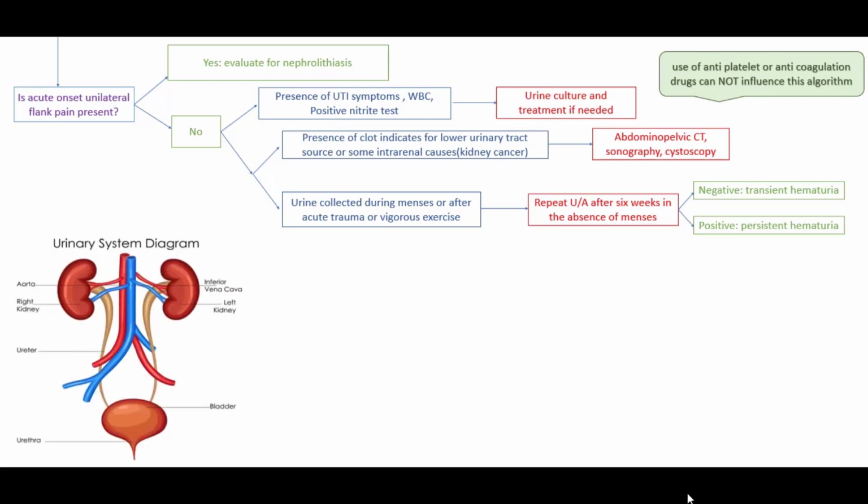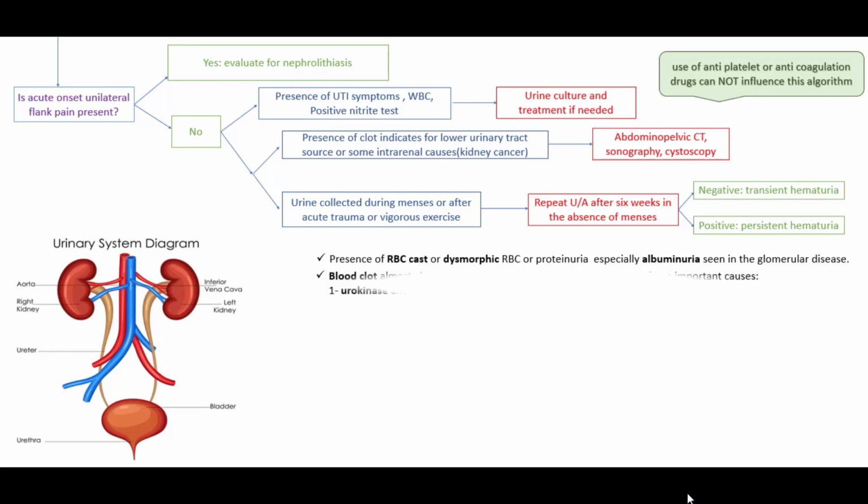To distinguish the location and the source of the bleeding, we have to notice some important clues. First of all, presence of RBC casts or dysmorphic RBC or proteinuria, especially albuminuria, is seen in glomerular disease. Blood clots are almost always due to non-glomerular bleeding because of two important causes: presence of urokinase and TPA.